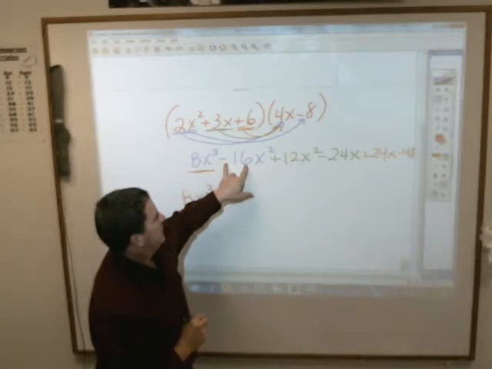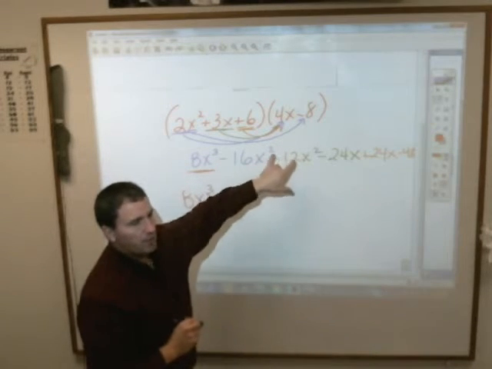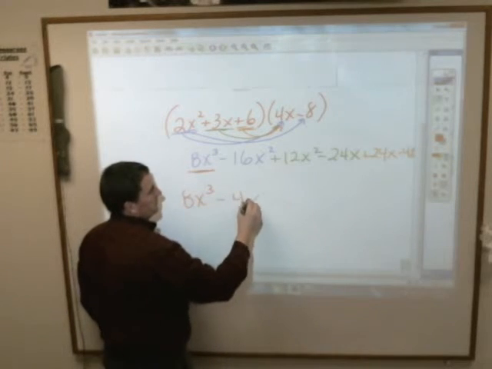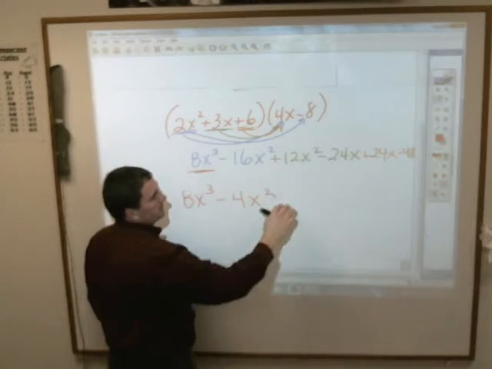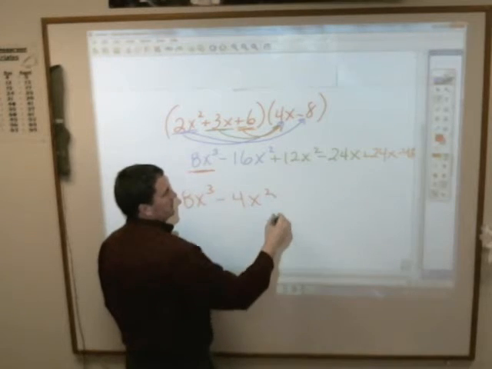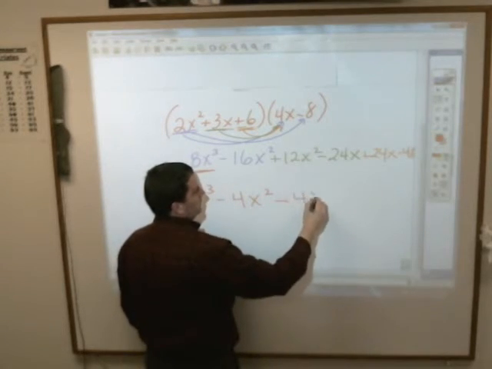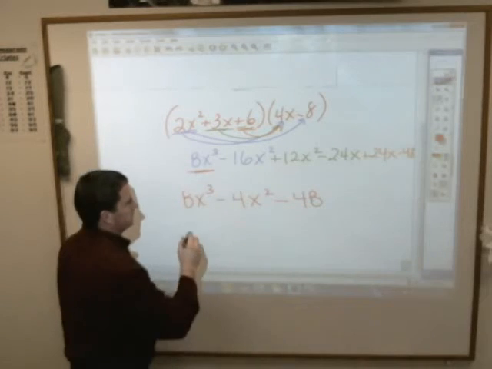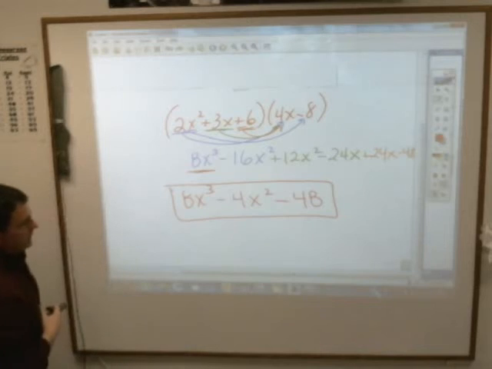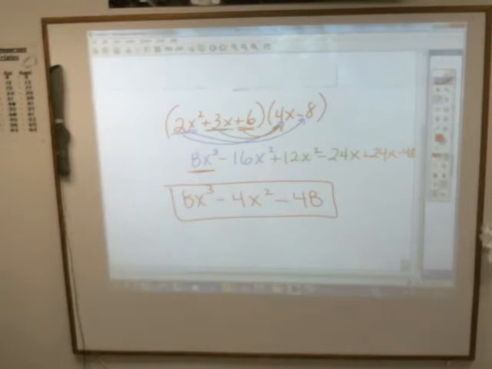Sure, these two. Minus 16 plus 12 is minus 4x squared, correct? 24x minus 24x is no x's, so that term drops out, and I'm left with minus 48. 8x cubed minus 4x squared minus 48.